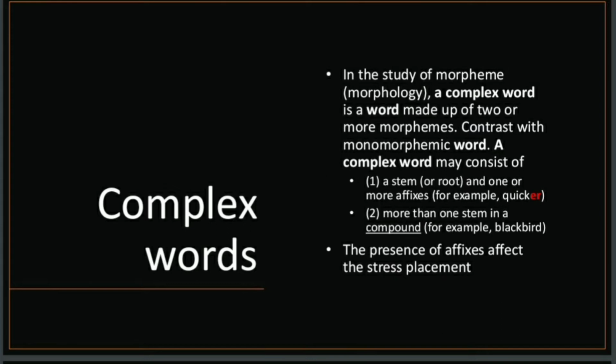Or second, more than one root in a compound, for example in the word blackbird. And the presence of affixes affects the stress placement.